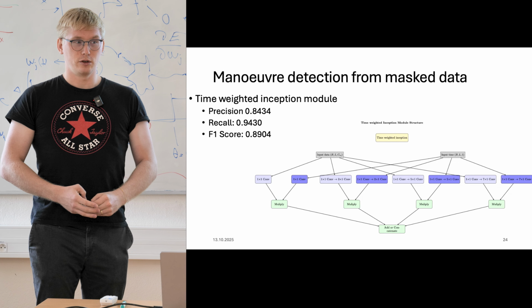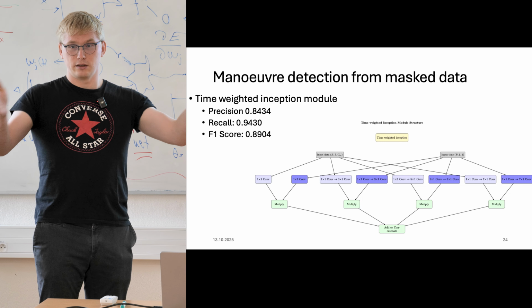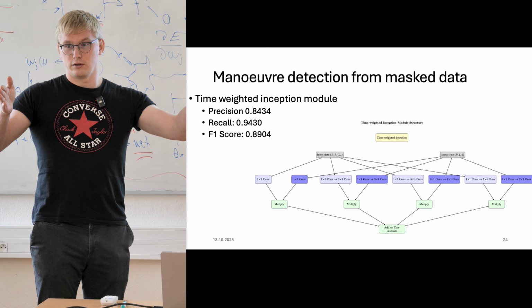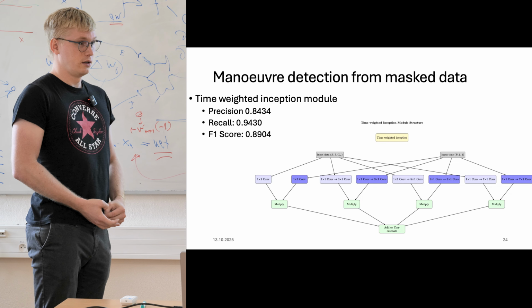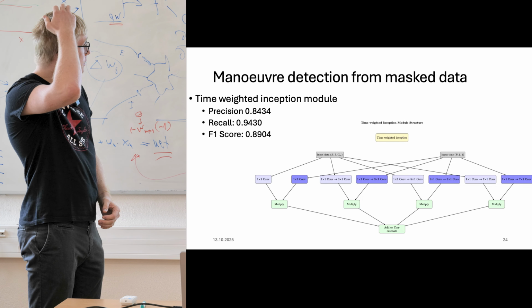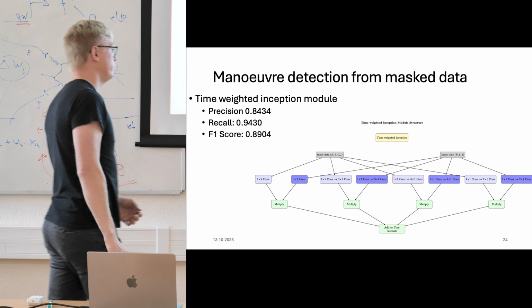So I want somehow to incorporate the fact that there is a large elapsed time between the observations. So I use something like an attention mechanism.